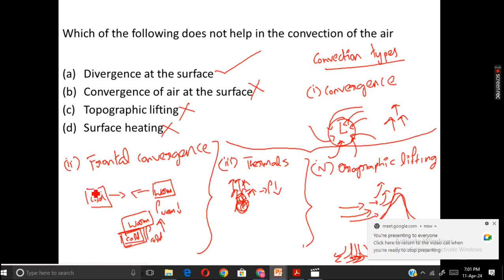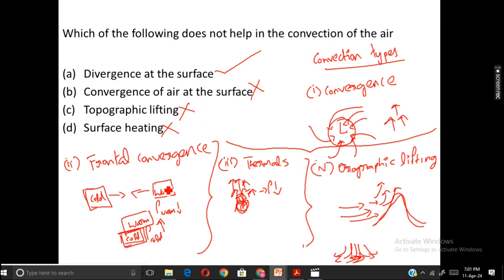Suppose one is a cold air mass, basically air masses with different temperatures. These two air masses, which have different temperatures, are approaching each other. Different temperatures means one will be cold and the other will be warm. So these will have different densities as well, just like different temperatures.